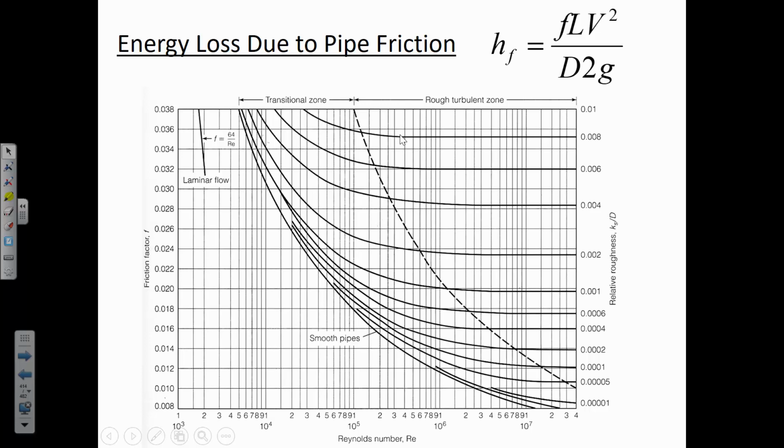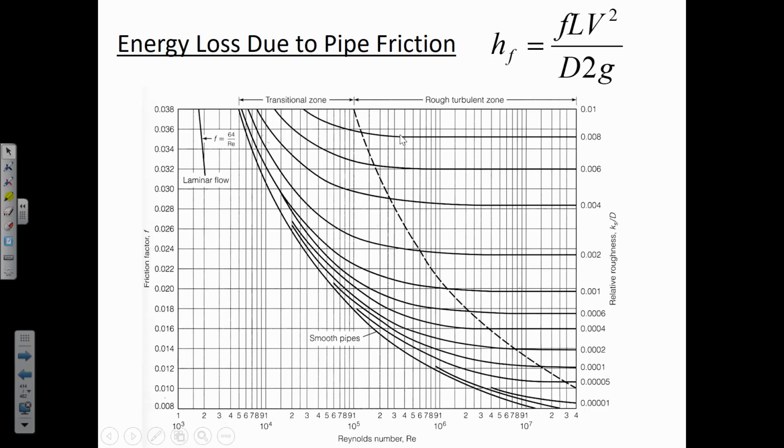The F value is going to be the same. This flat zone, where the curve is flat, means that the F value only depends on the relative roughness. But beyond that dashed line, in the curved zone, the F value that you should use partly depends on the relative roughness, and it partly depends on the effects of the Reynolds number.